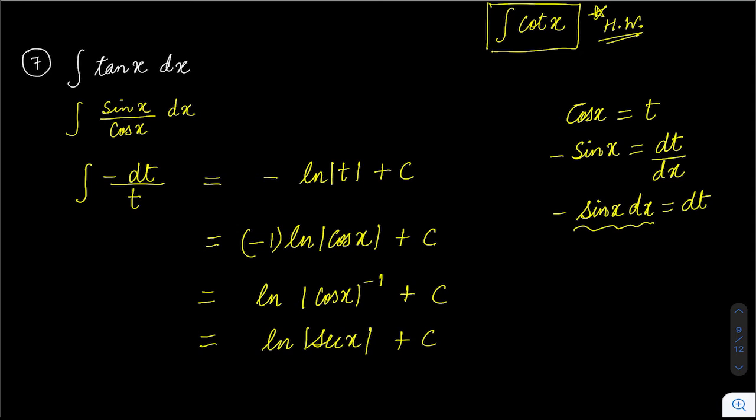So this is your answer. Sometimes, if you don't have to prove anything, you can just leave it here, no problem. Sometimes you have to prove. So sometimes they give you that prove this is equal to ln of mod secant x plus c. I hope it's clear. Now the similar way is for integration of cot x. So you can write cot x as cos x over sin x and proceed.